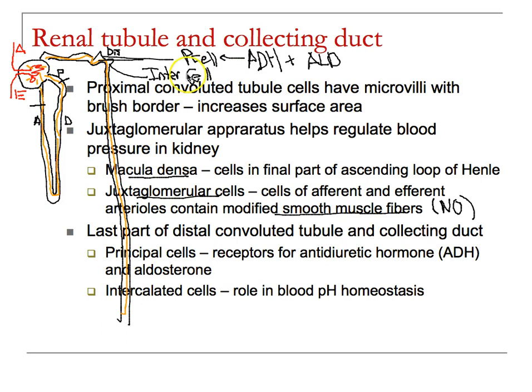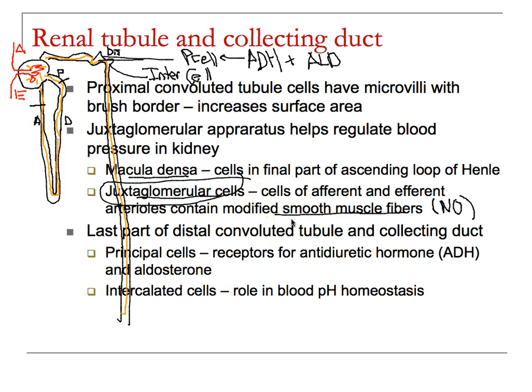Okay, but let me just make sure you get this again. Blood flow moves in, filtrate travels out. Throughout different parts of it, we're going to regulate the movement of materials in and out of that tubule. But now what I've told you is the juxtaglomerular apparatus, put a big circle around this for you, okay, is going to modify smooth muscle fibers.